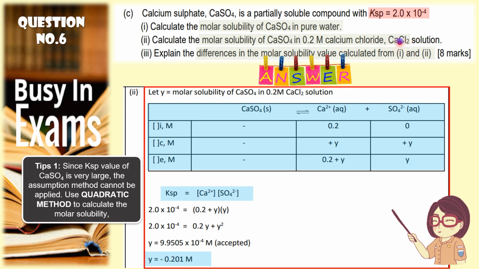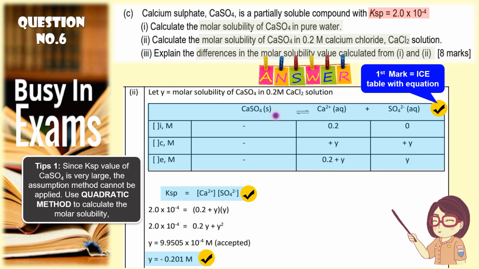So therefore, the molarity of Ca2 plus is equal to the molarity of calcium chloride, 0.2. Okay, SO4 2 minus is 0, not formed yet. Okay, and next, change in concentration. It refers to the coefficient, both are 1. So increase, positive Y. Okay, at equilibrium, 0.2 plus Y for Ca2 plus, and Y for SO4 2 minus.